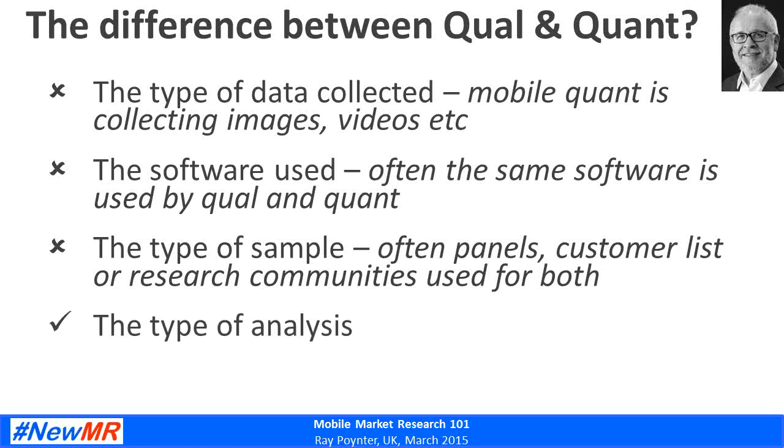Really, what distinguishes the two now is the type of analysis. If you are using machines to put values to things, algorithms, and those algorithms can be as simple as counting or as complex as discrete choice analysis, then it's quantitative. But if you're relying on a human brain to interpret what they see, even if that goes on to produce some numbers, then we're talking about qualitative.